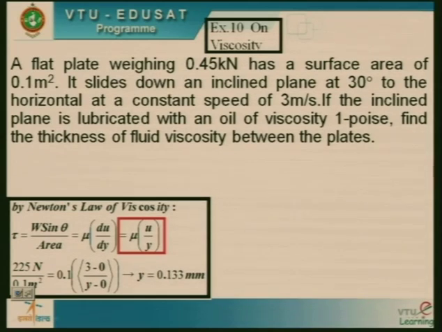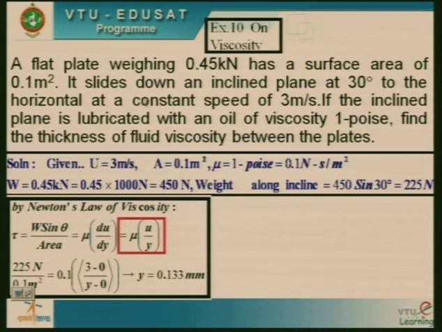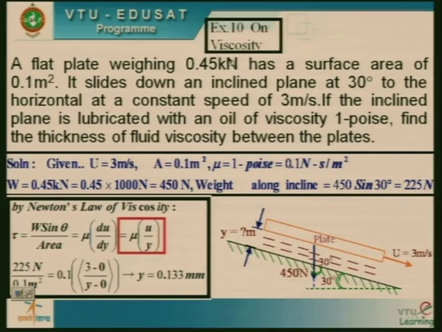Next question, again on viscosity. This question is again very interesting. A flat plate weighing 0.45 kilonewton has a surface area of 0.1 meter square. Assume that this is a flat plate having 0.45 kilonewton weight. Kilonewton you know very well, we will multiply by 1000.